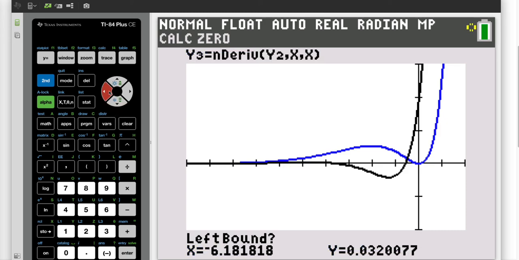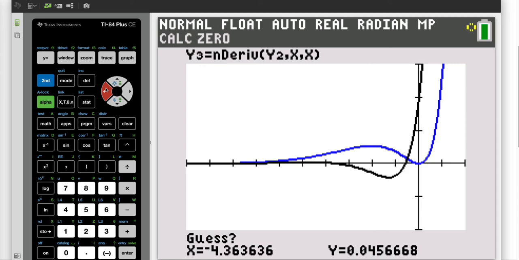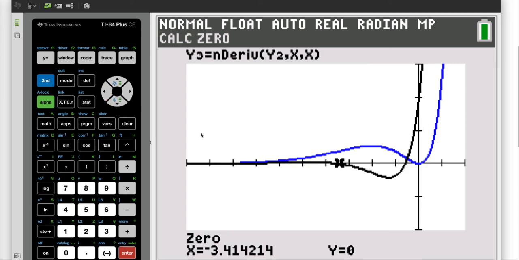So I'm going to move way over here because I have no idea where it crosses. And I'm going to hit enter. And I'm going to move way over here because I know it's below the line down here. And when it says guess, it doesn't have to be super accurate. Oh, okay, way over there.